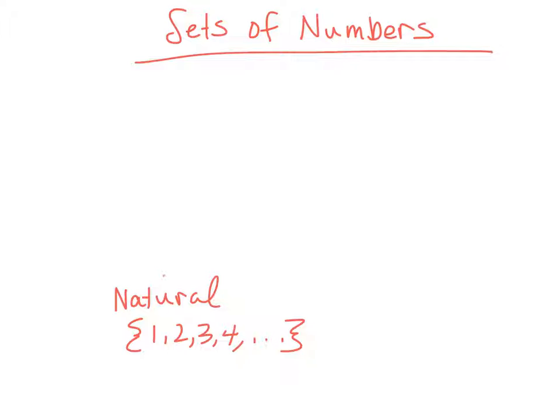Okay, now all natural numbers are also whole numbers. Somebody not named Aaron, tell me what we get with whole numbers that we didn't have in natural numbers. 0. You get 0, good. 0, 1, 2, 3, 4. No fractions, no decimals, no negatives.